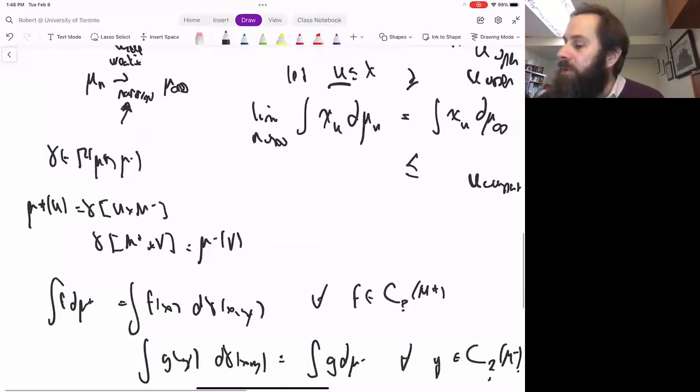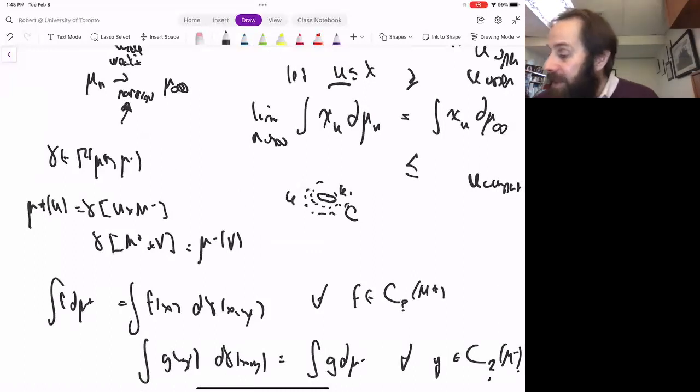But otherwise, if you really want to do this with sets, what you need to do is take an arbitrary Borel set, what should we call it, C, and approximate it from inside by a compact set and from outside by an open set, such that gamma of the open set minus the compact set is less than some error tolerance.